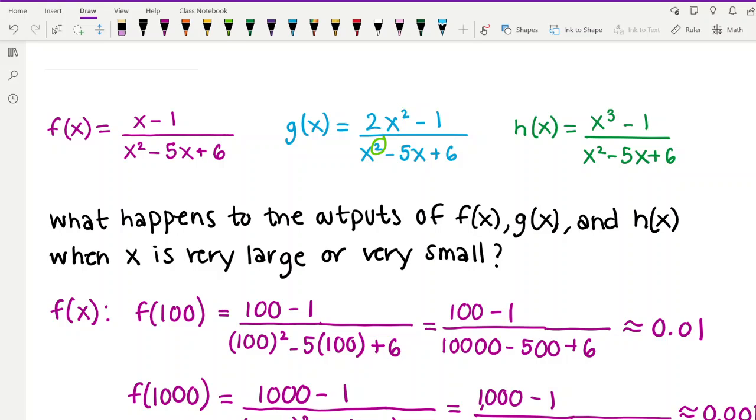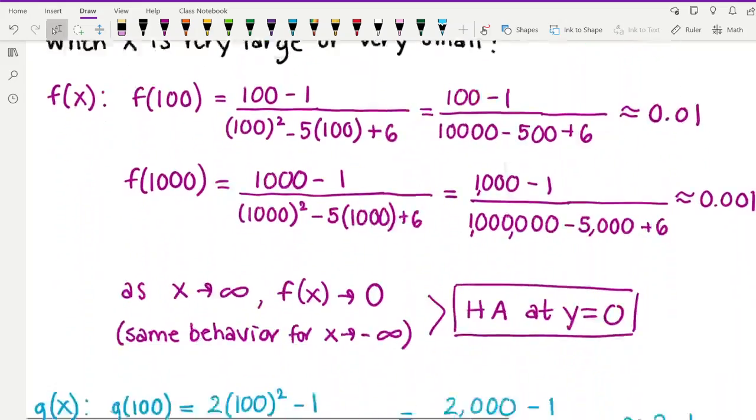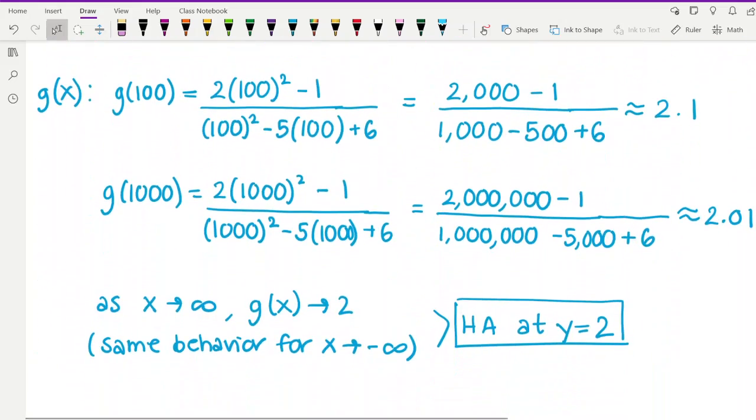So where did that 2 come from for the horizontal asymptote, do you think? Why did the horizontal asymptote come out to be specifically the number 2? It doesn't have to do with the degree being 2, right? This 2 didn't really show up in the actual function. What it has to do with is this number and this number, right? 2,000 over 1,000 is approximately equal to 2.